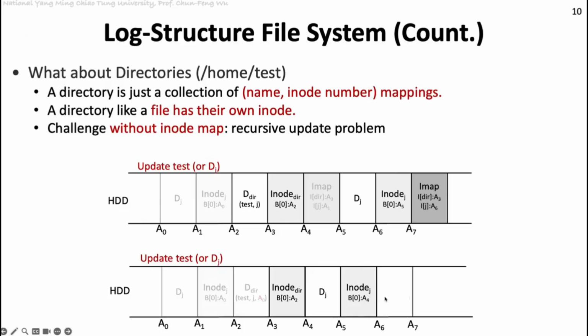But if we update inode J, then the directory entry should also be updated, because the directory entry points to the inode of the data itself, since test is under the directory entries.